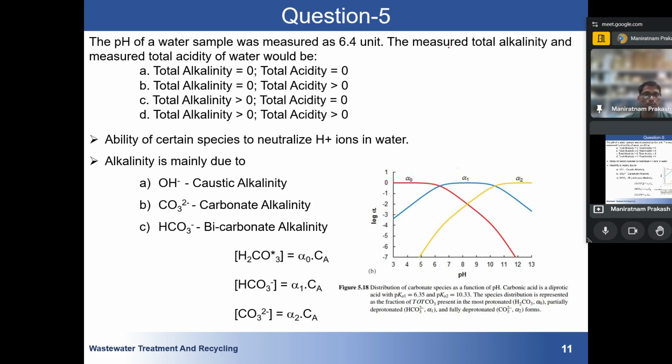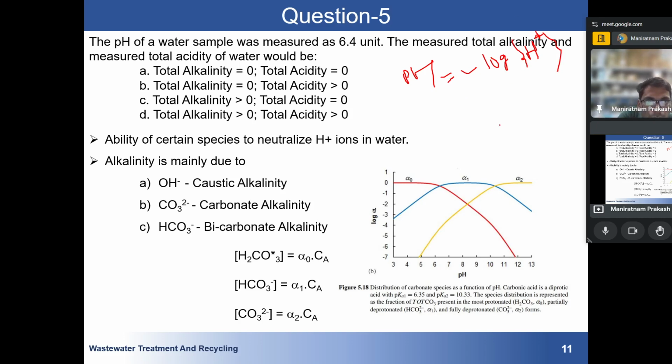We know that pH is equal to minus log of activity of H plus. Remember I am using activity, so there is an activity and concentration distinction. If you are not aware of it, you can just say minus log of concentration of H plus.